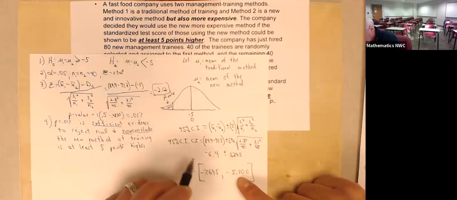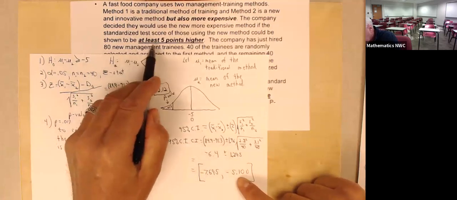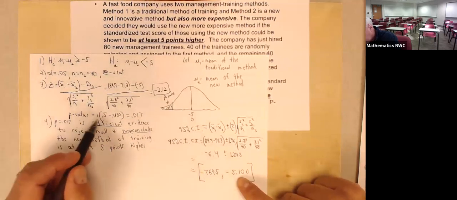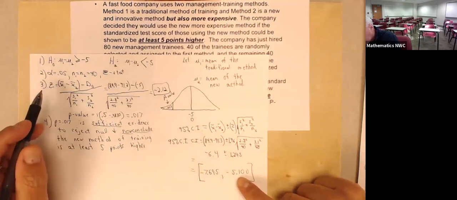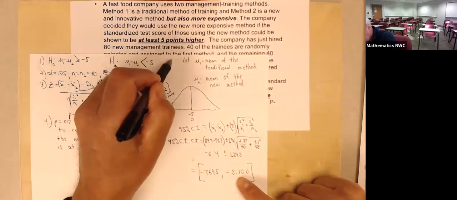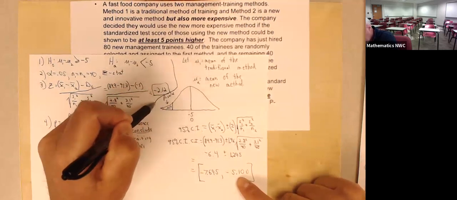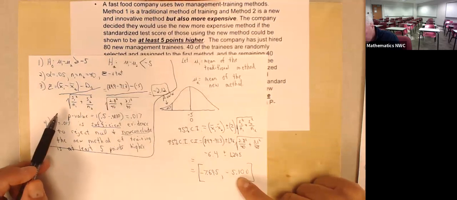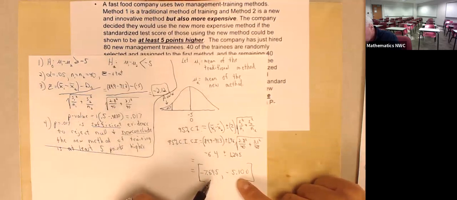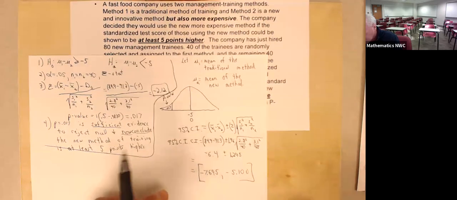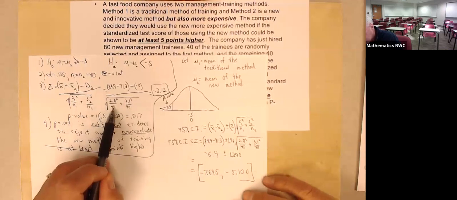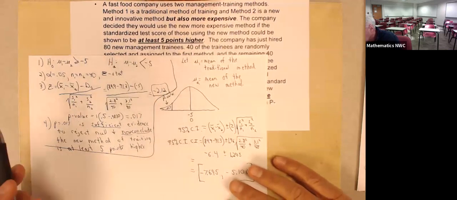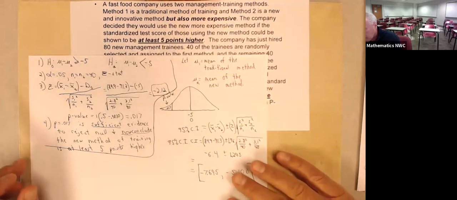That indicates that we are 95% sure that the second method is at least 5 points higher. Basically the same conclusion that we had with the hypothesis test. This is what you would all need to write down for your hypothesis test. This is what you would have written down for your confidence interval. Both of these had sample sizes of 40. They were large samples, okay?